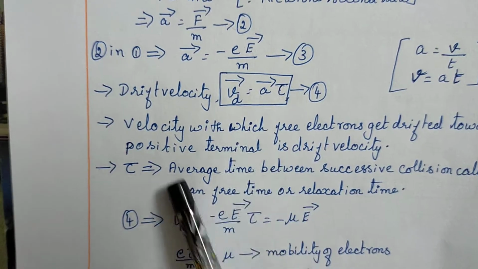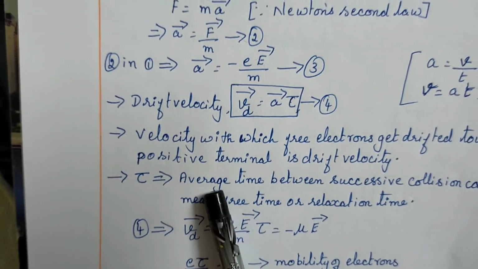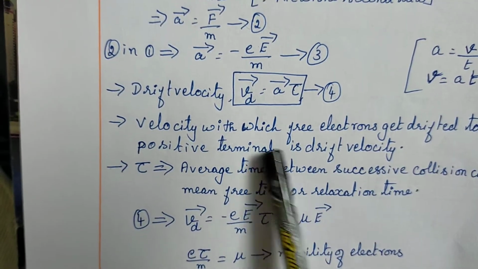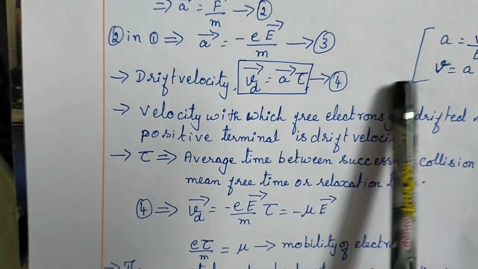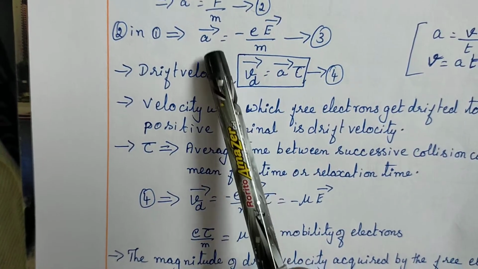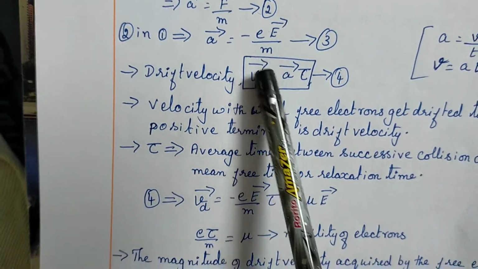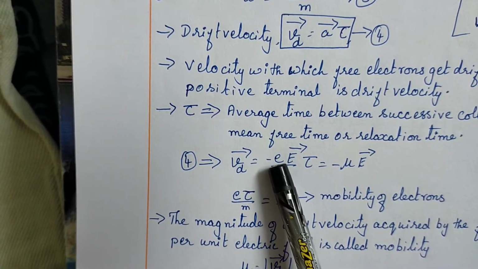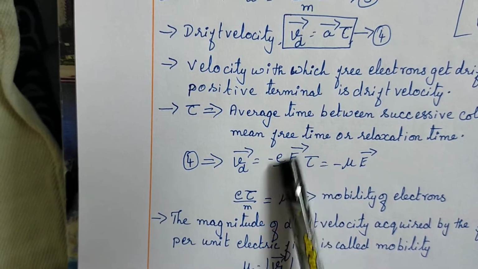So the velocity Vd is equal to a tau. As per the expression v is equal to at, substituting the value for acceleration, minus e E vector by m, we have Vd, the drift velocity, equal to minus e E vector by m into tau.